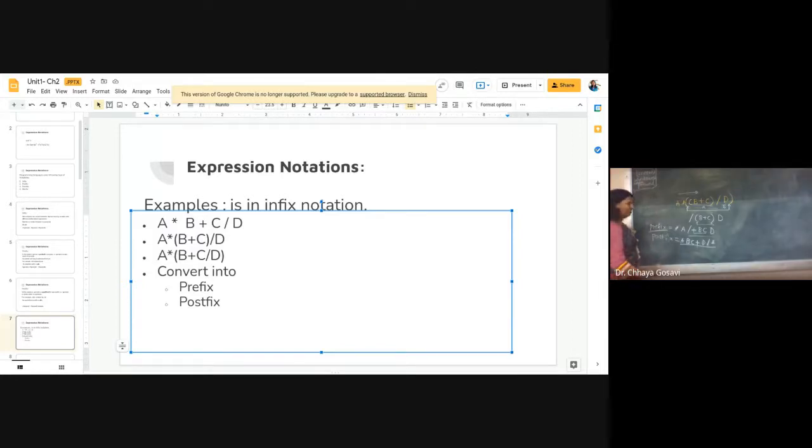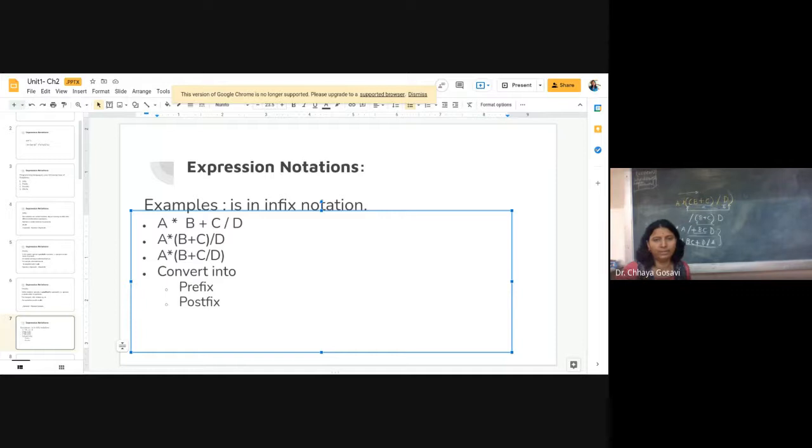Now this is a homework. It's very interesting. If prefix and postfix is given, can you convert it to infix? Can you do the reverse thing, from prefix to infix or postfix to infix conversion? We have converted infix expression to prefix and postfix.